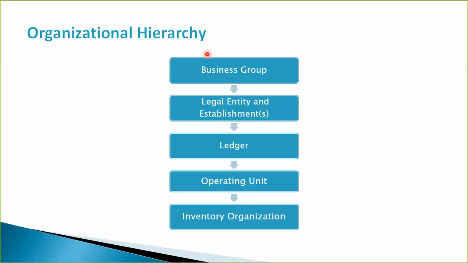We talked about each of these in short and what they are. We talked about how the business group is the highest level of classification. We are already familiar with legal entities and ledgers. In AP, we are going to be dealing a lot with operating units, and in our setup, we are also going to have to deal with inventory organizations.